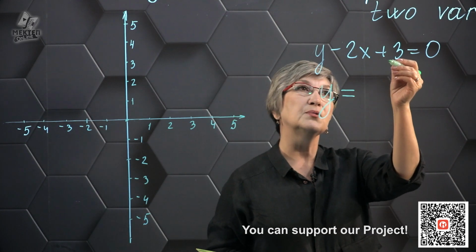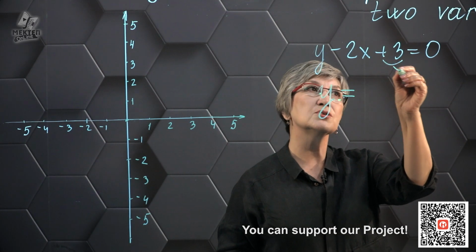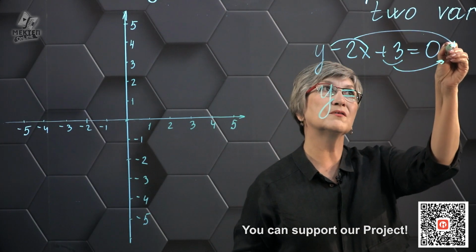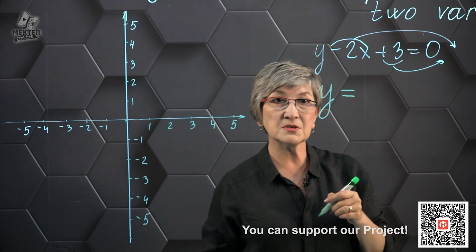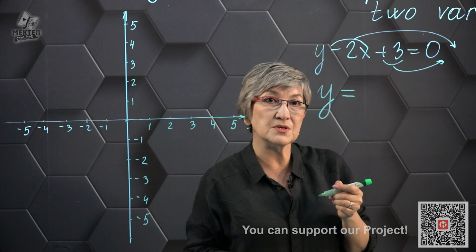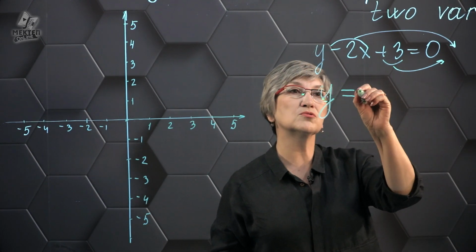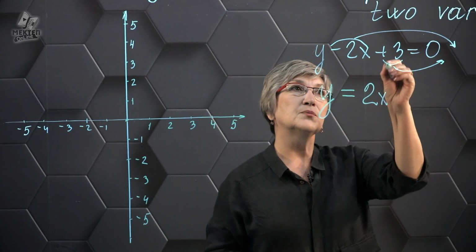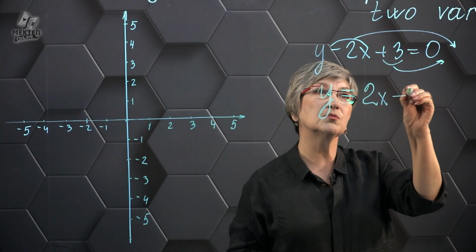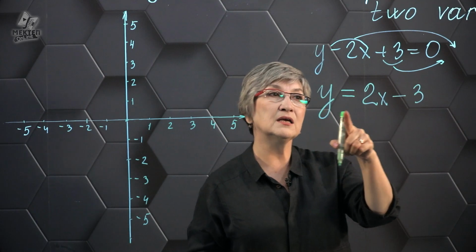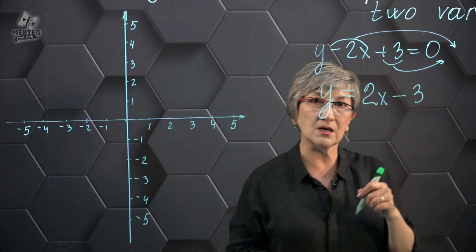Plus 3, we move to the right-hand side, and minus 2x we also move to the right side. We have a 0 on the right-hand side, so we will not write that 0. Minus 2x carried to the right side becomes 2x. Plus 3 moved to the right side becomes minus 3. As a result, we have the following form of the equation: y equals 2x minus 3.